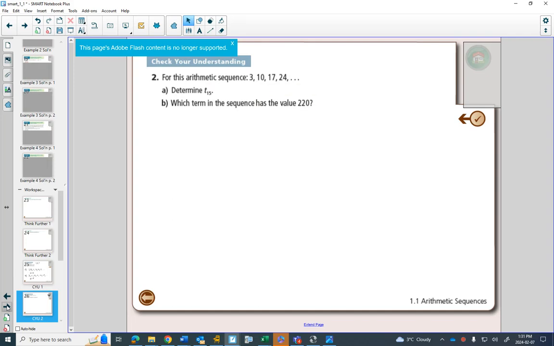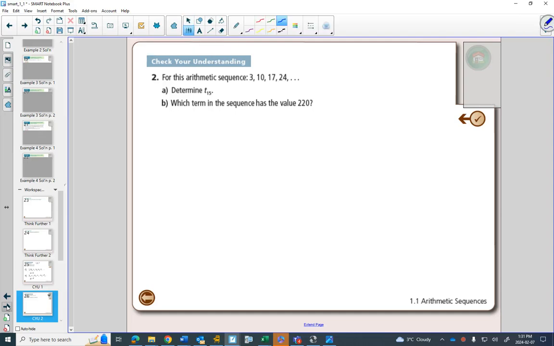So let's go to example 2 here. And some of you are going to like the shortcut, and some of you are going to like the formula because you don't remember shortcuts, and that's perfectly fine. So on your formula sheet, you would have said, okay, this is my formula whenever I have an arithmetic sequence.